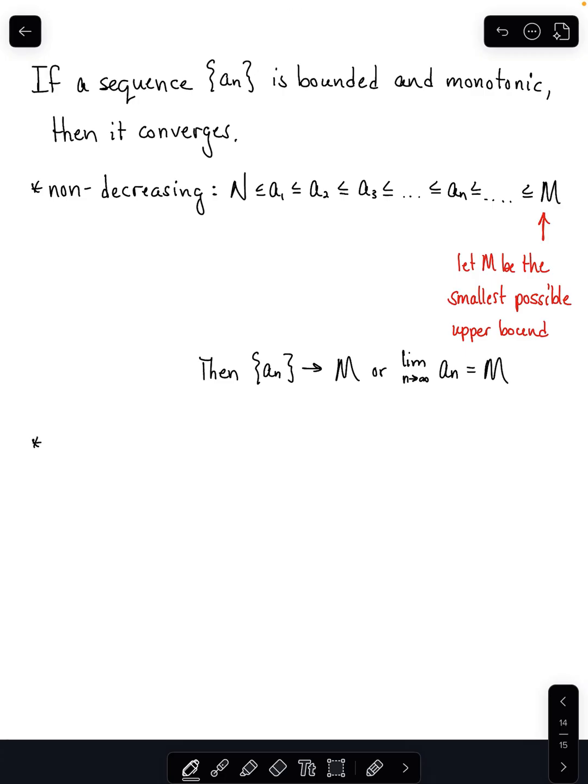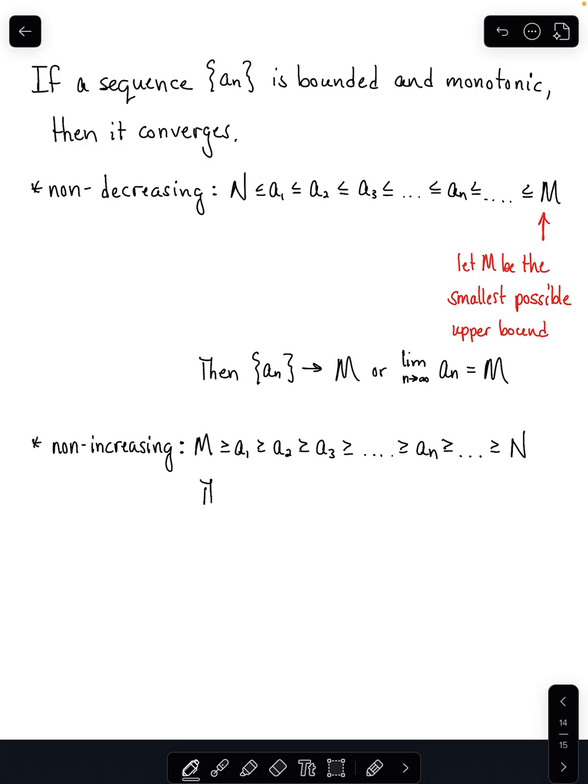On the other hand, a non-increasing sequence, which says that each new term is smaller than or at least no bigger than the term before it, that means that there is some value up here such that all of the terms are smaller than it, and some value here such that all the terms are larger than it.